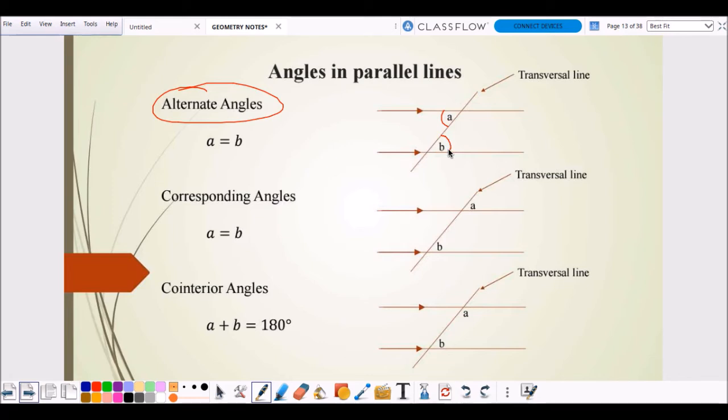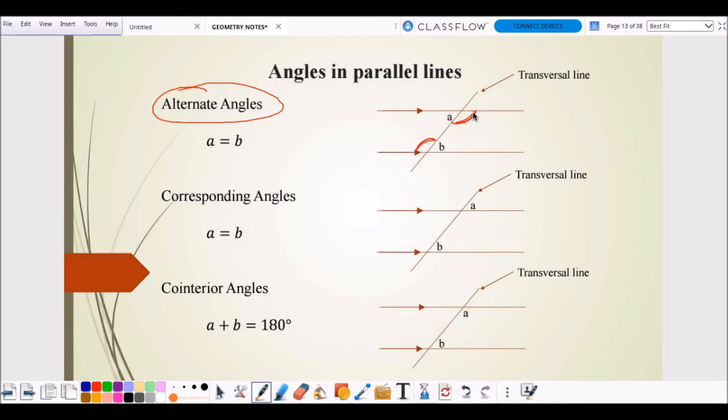So just remember those little arrows to prove that something is parallel. So alternate just means an angle on one side of the transversal is the same as that. Okay, you'll also see this happening. You'll find that there's also a few alternate angles in here. This angle and this angle are also alternate angles.